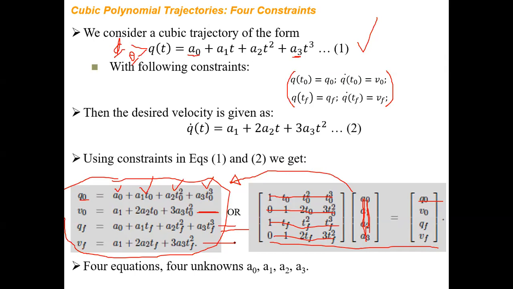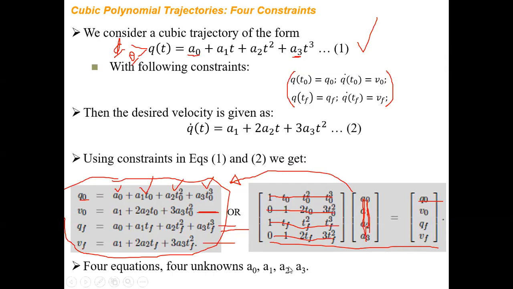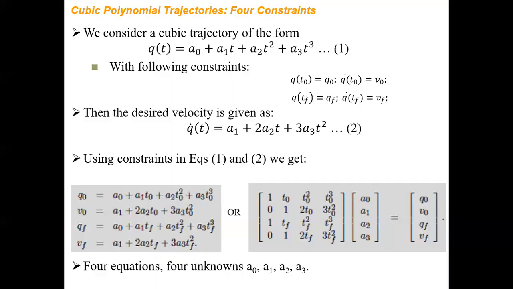Now, if you remember in linear algebra, when does this equation have a solution? What is the condition for a non-trivial solution in linear algebra? If you have a matrix like this, does this matrix always have a solution? The answer is no. This matrix has a solution only if the determinant does not vanish.